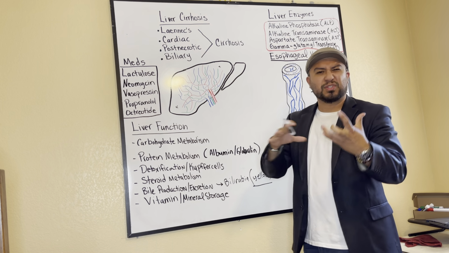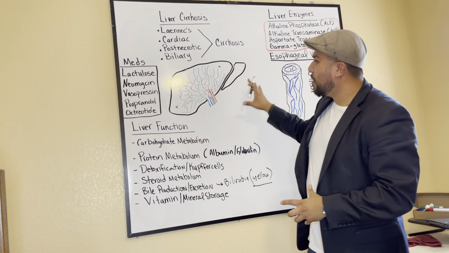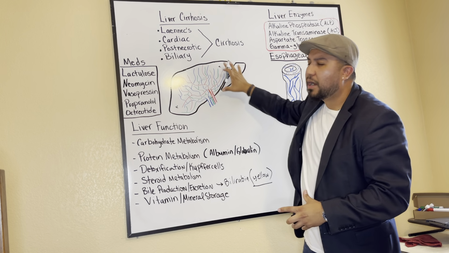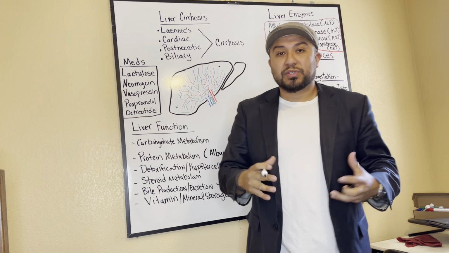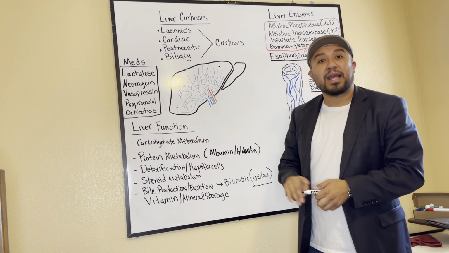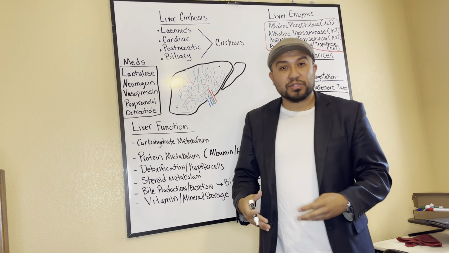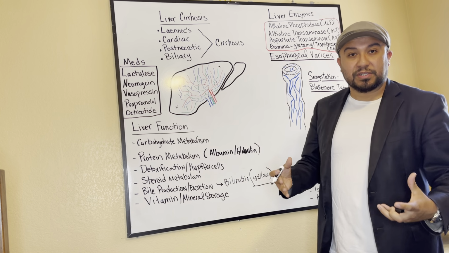They start to die off, scar tissue, and eventually when the scar tissue starts growing throughout the entire liver, well, now you don't have enough of those cells, enough of those structures to maintain homeostasis, and that's how you develop the whole scarring of the tissue, the whole liver cirrhosis, okay?